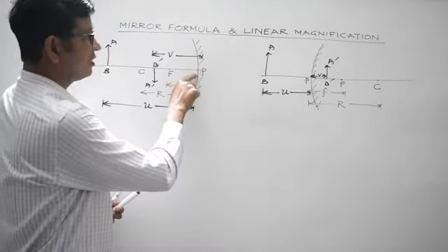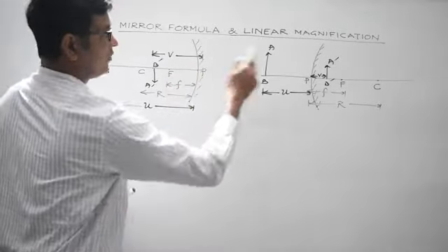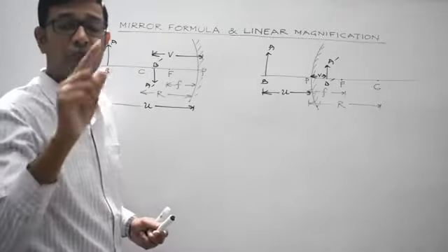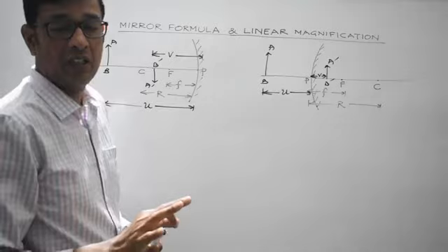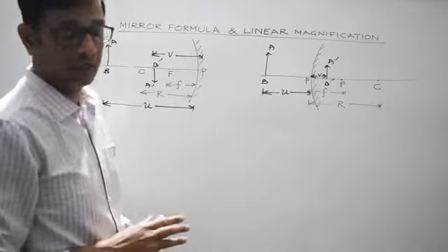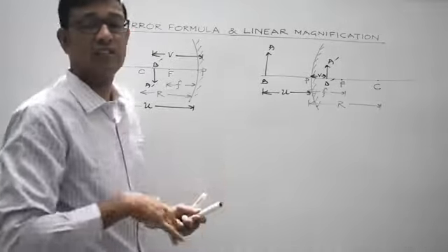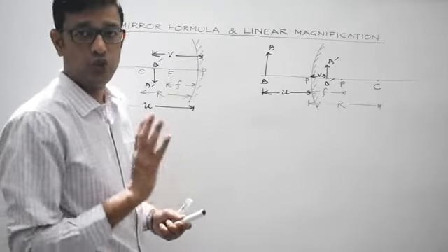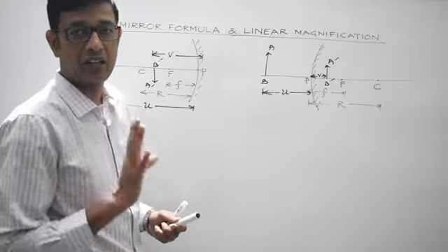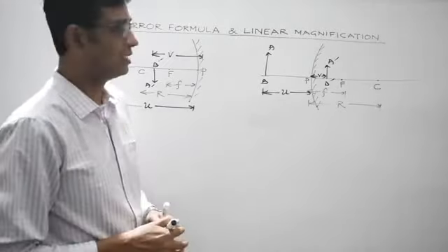The distance of the object from the pole of the mirror is considered to be u. V is the distance of the image, again from the pole of the mirror. So u, v, f, capital R, we are all clear about these terms, right?